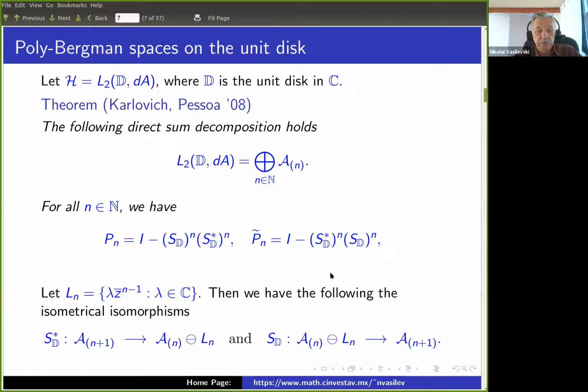And these operators move corresponding polyanalytic and anti-polyanalytic functions, but modulo a one-dimensional subspace. Here you see a one-dimensional subspace appear. You need to subtract this one-dimensional subspace from the corresponding spaces.